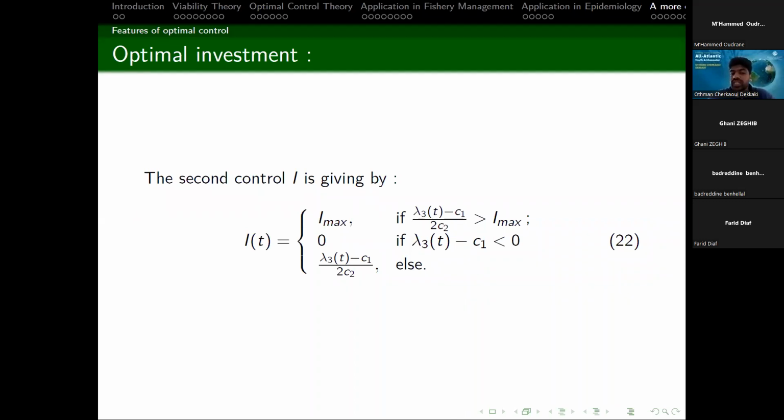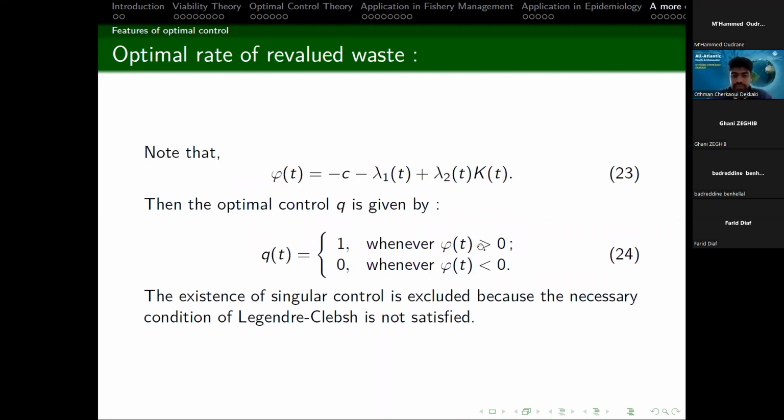The first one is the second control, which is E. I mean, the one that was quadratic, the one that we had E plus a factor, C1 plus C2 E. So we had an E square on that. By deriving the Hamiltonian with respect to E, we had an E left, and this is where all of these things come. So E of t, the investment, is a maximum investment whenever we have this inequation. It's 0 whenever we have this, and it's this one when it's in between.